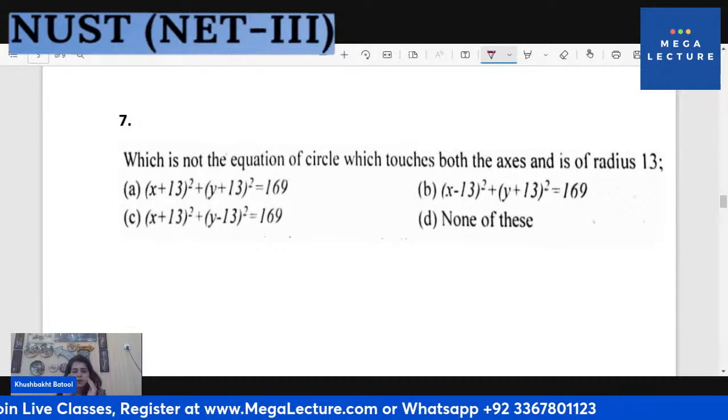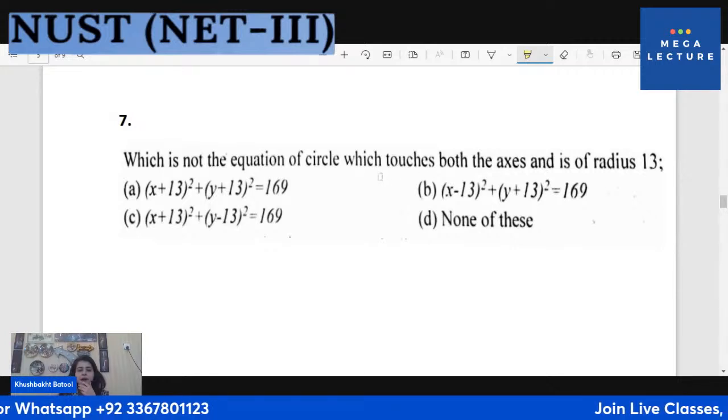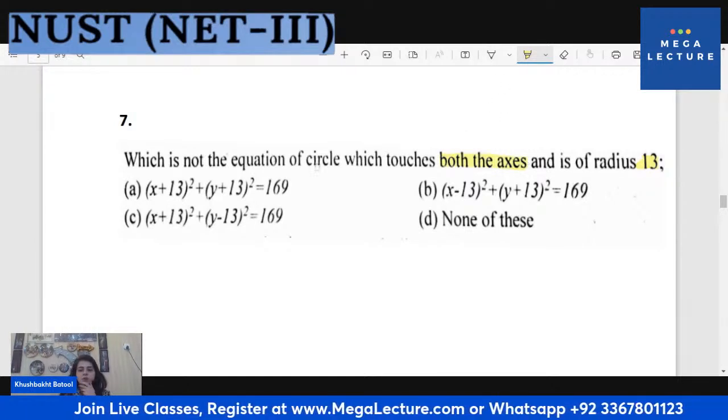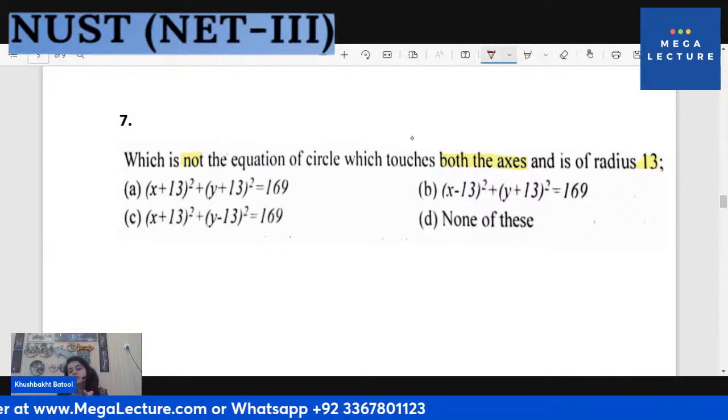We need to figure out an equation that does not have radius 13 and does not touch both the axes. So understanding of the question is important.